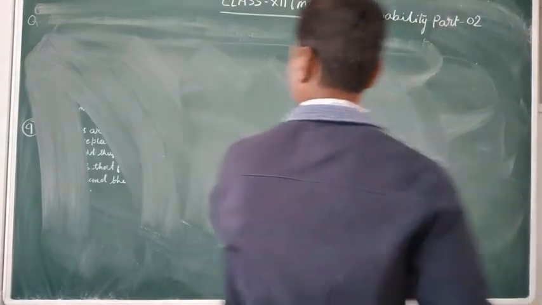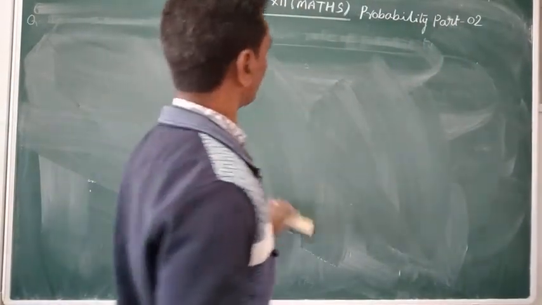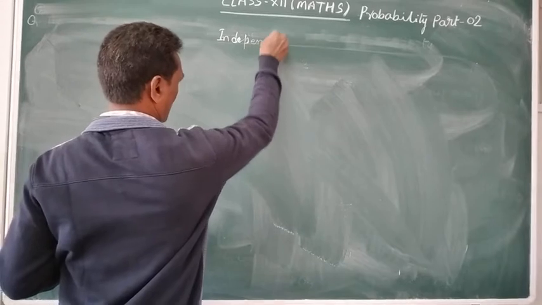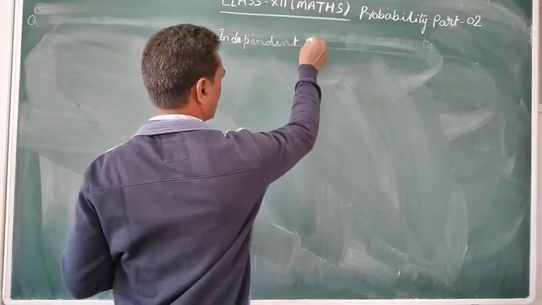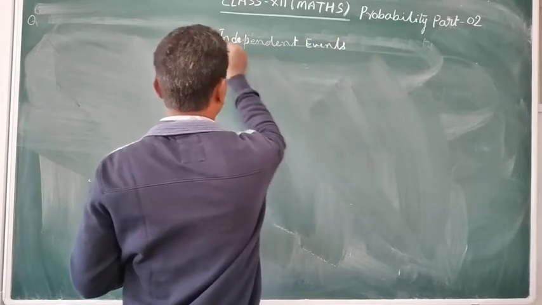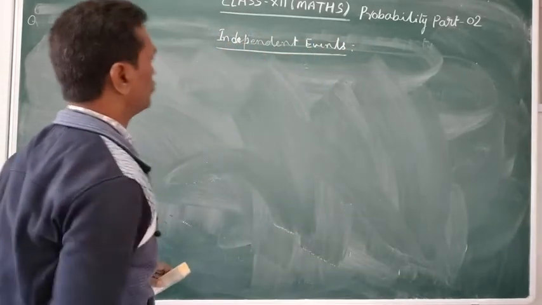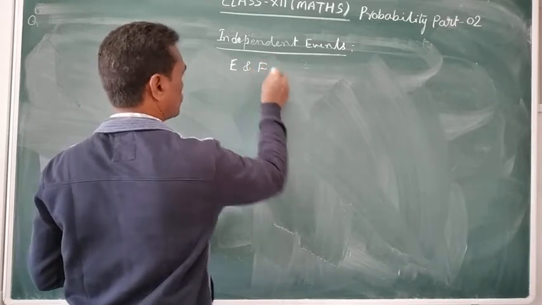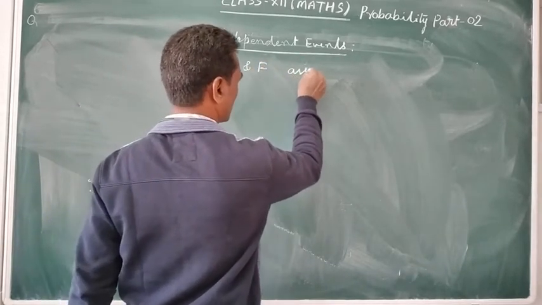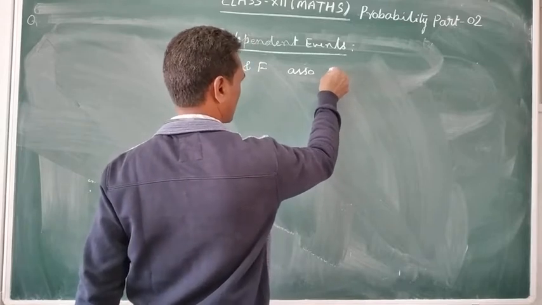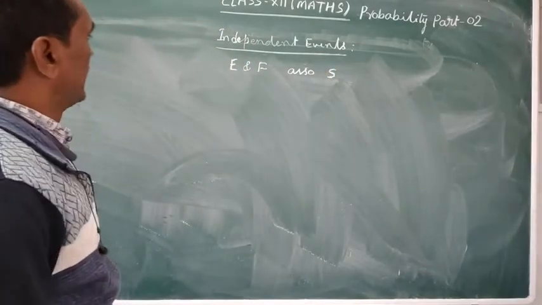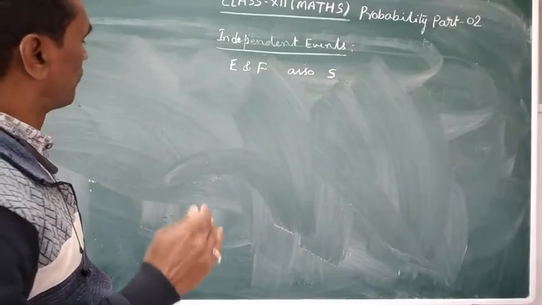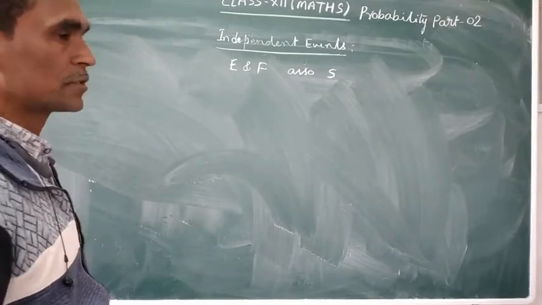Next topic is independent events. Suppose E and F are two events associated with sample space S. Then E and F are called independent if occurrence of one doesn't affect occurrence of the other.